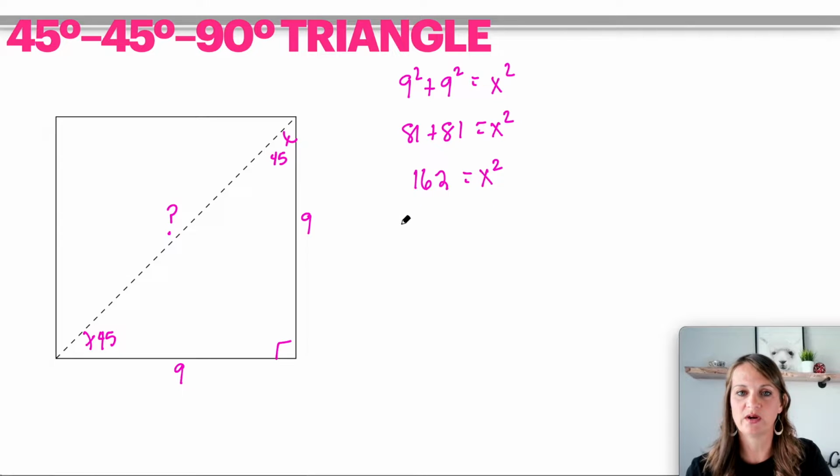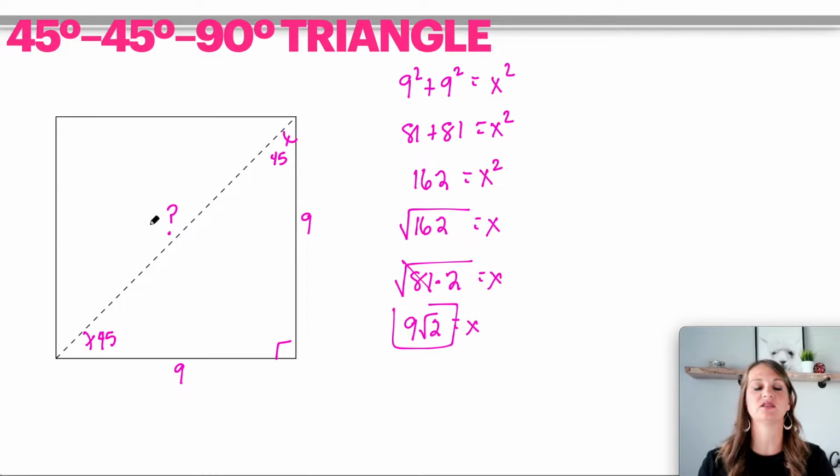And then get rid of the square by taking the square root to find the diagonal. And 162 is 81 times 2. And the square root of 81 is 9, so we get 9 square roots of 2. So we now know that the diagonal is going to be 9 square roots of 2. So if that's x and that's x, the diagonal is automatically going to be that number times the square root of 2.